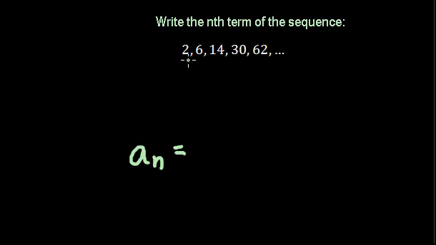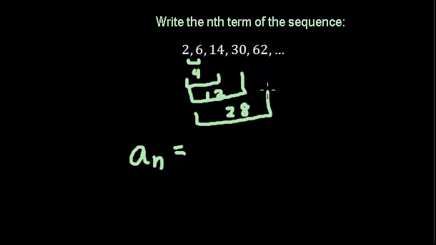For the first little thing here, it looks like I added 4. From here to here, there's a 12. From here to the 30, that would be 28. Then from here to the 62, that would be a 60.